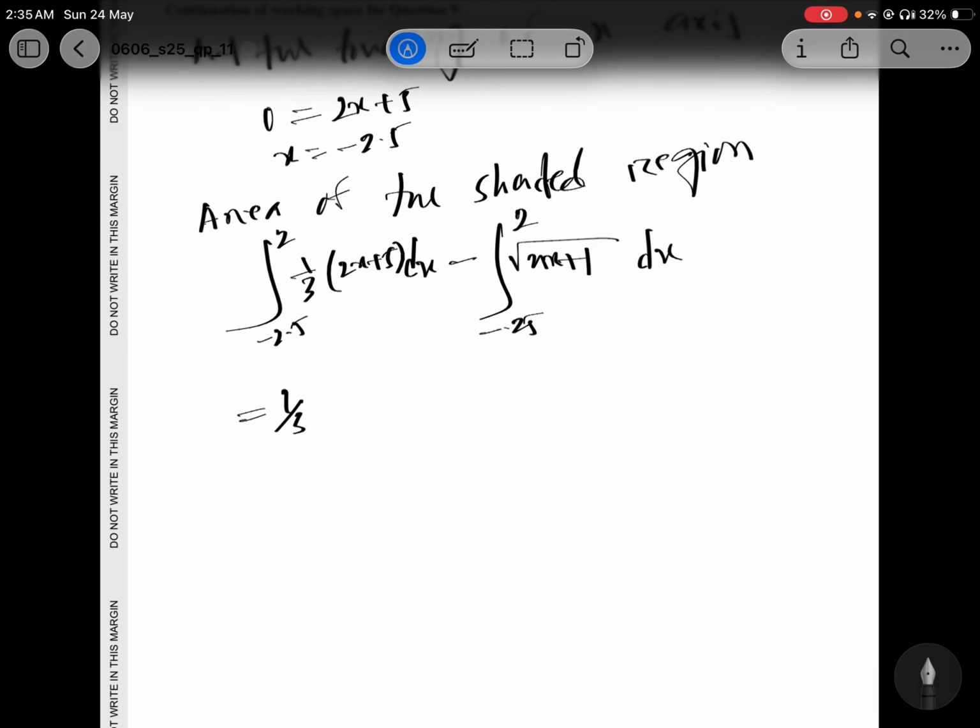Okay, so here is 2x plus 5, to the power 1, 2x to the power 2. x to the power n dx should be x to the power n plus 1 over n plus 1, right? So 2 and that 2 from the 2x.